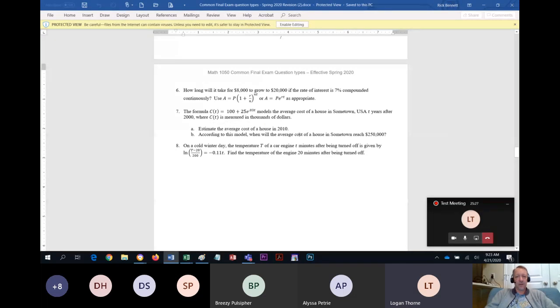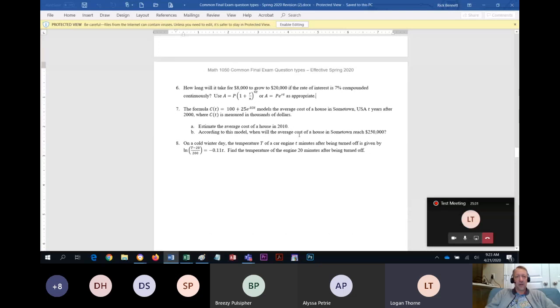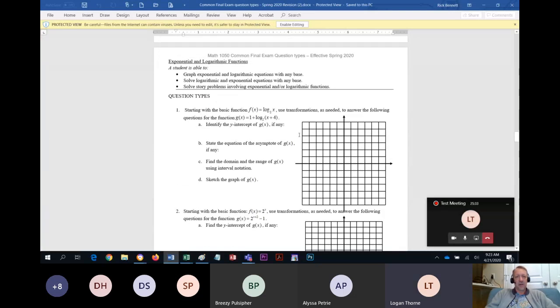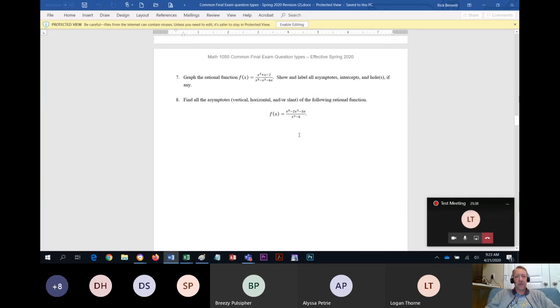Page 8. So it's probably like page 6 for you. This is page 6. So graph the rational function. This one here, number 7? Yep. Okay. Graph the rational function. Show all the asymptotes, intercepts, and holes, if any.